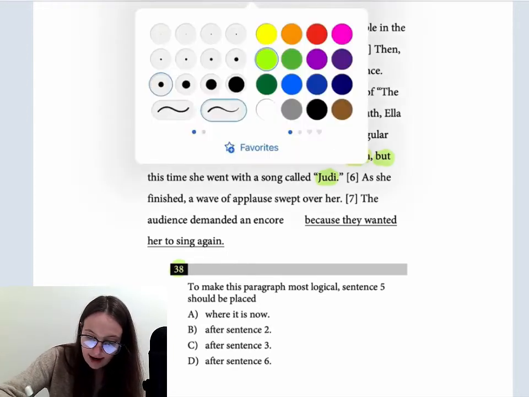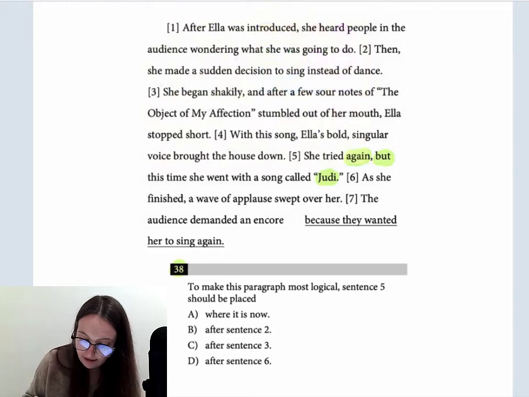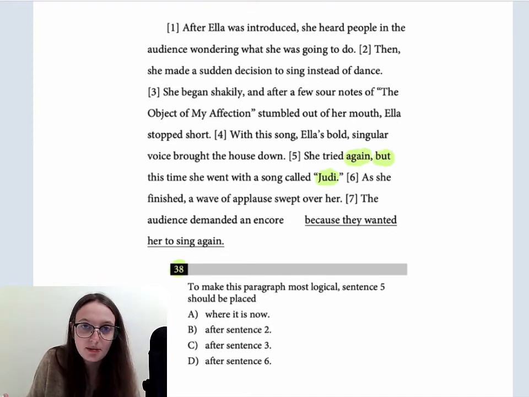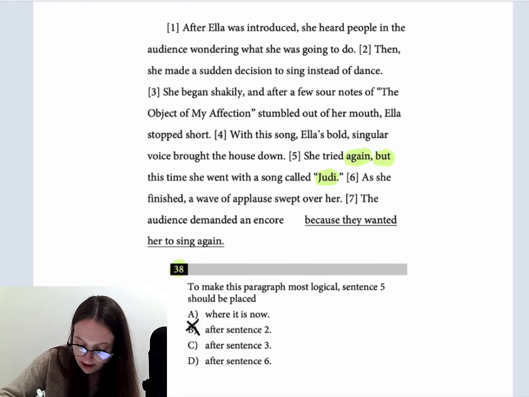So let's go ahead and look at what choices they gave us. So the first choice chronologically would be B after sentence 2. So it says, then she made a sudden decision to sing instead of dance. But that doesn't mention her singing any particular song, so we can't put that there. So it's not going to then be B.